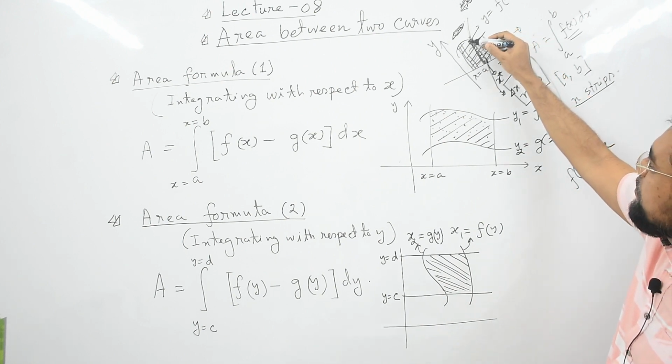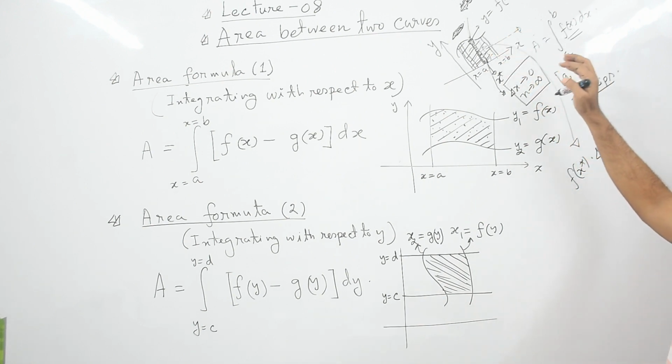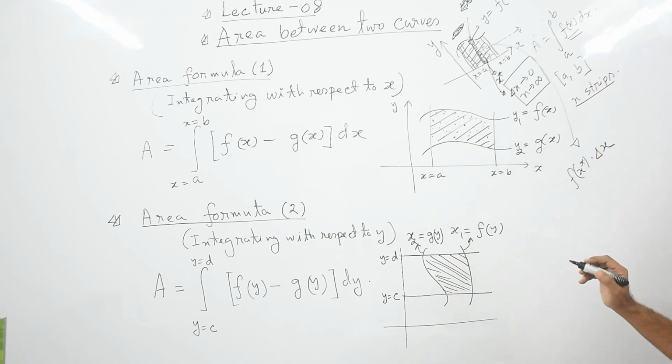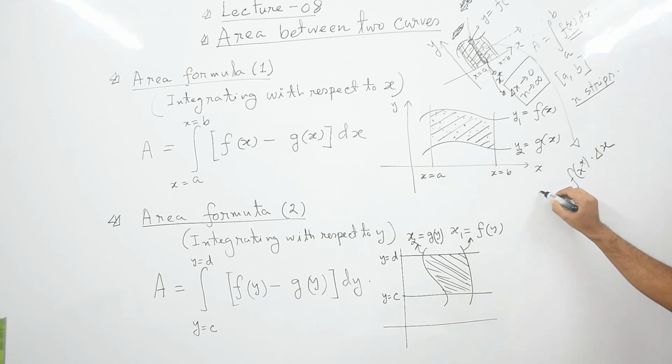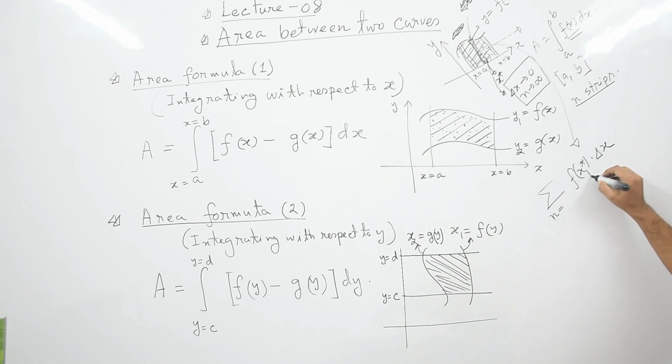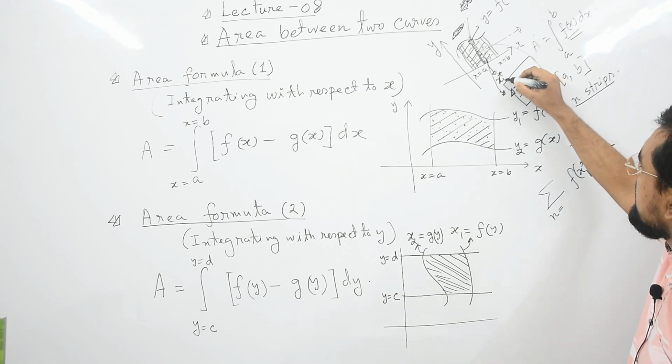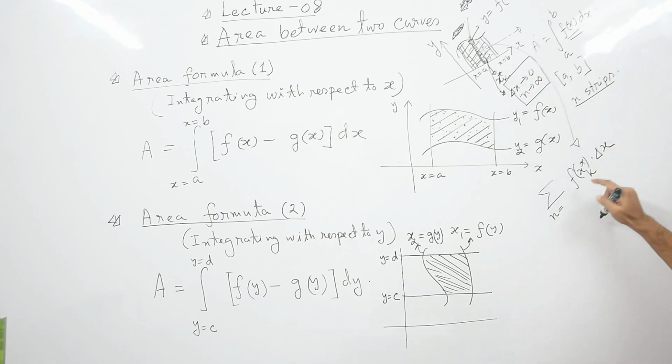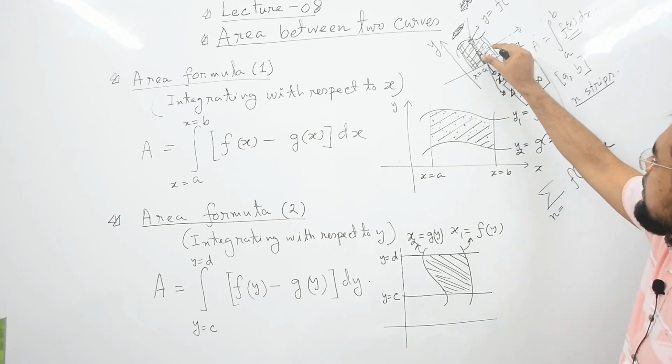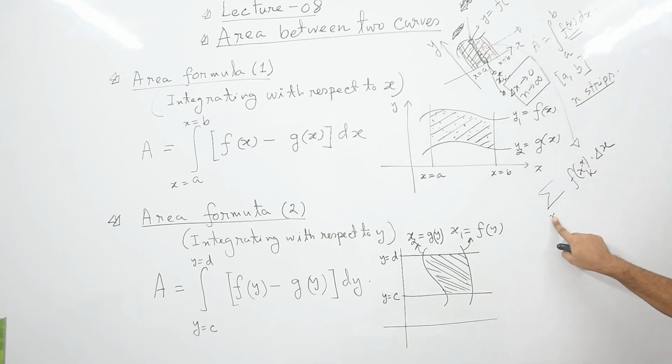Now here, if you have n rectangles, then you can sum up the area of all rectangles. So in that case, let's say this is x k. So this is the k-th strip.